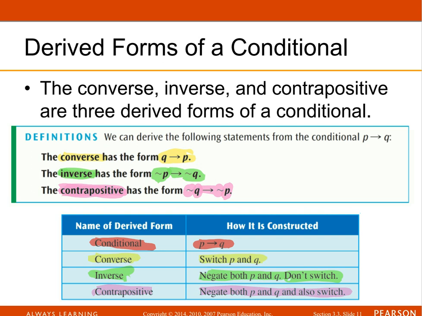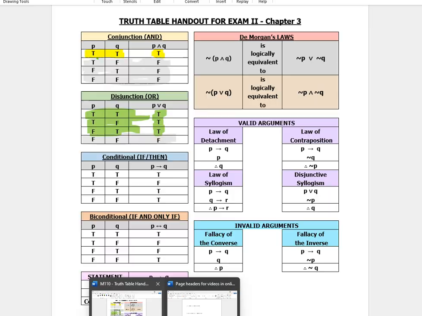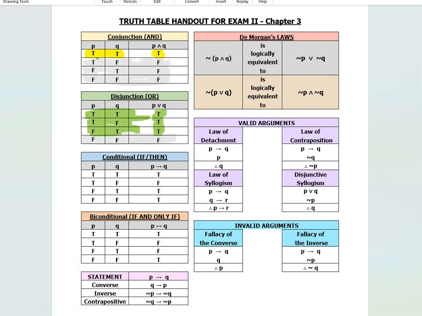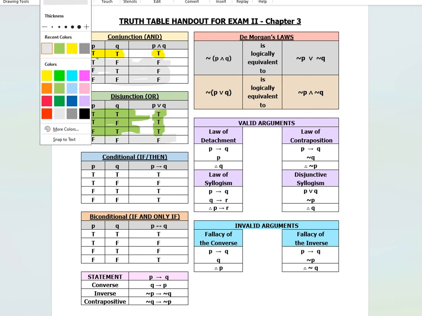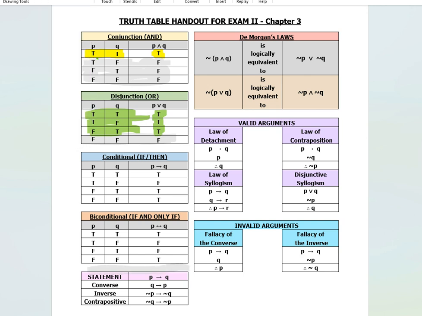Now, you do have all this information on this handout right here, which in my face-to-face classes, the students are given in class. The part that you're looking at is down here. This shows you the converse, the inverse, and the contrapositive, and in symbolism.